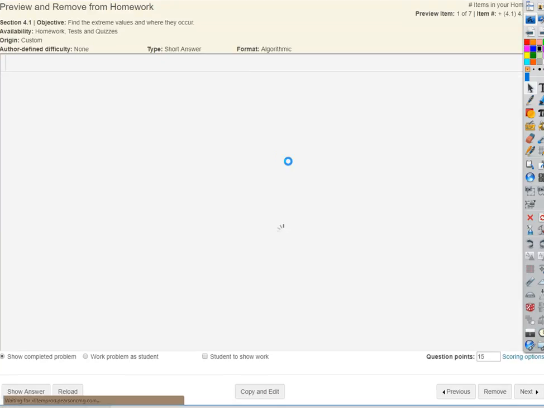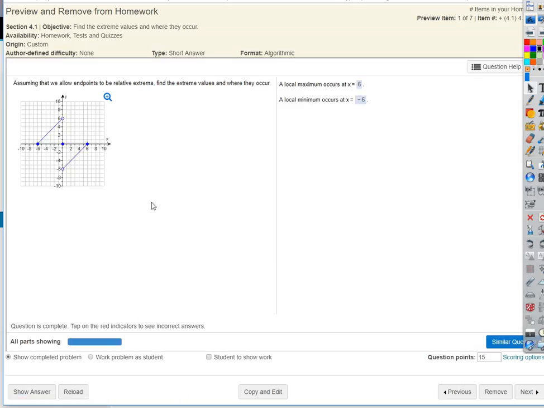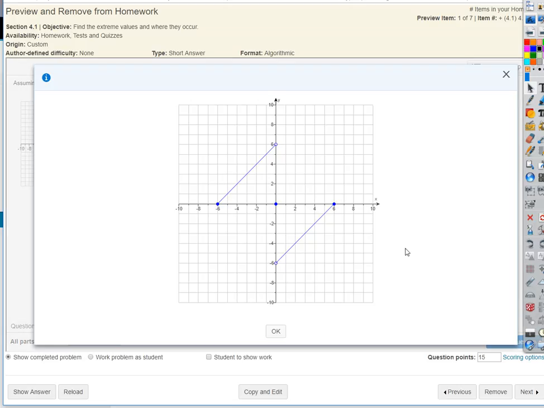Okay, so here's the assignment then. Do these make sense here? Let's take a quick look at these. So assuming that we allow endpoints to be relative extrema, here's our function. Where are the relative extrema on this function? Everybody pause, just take a look up here, please. This is going to be just like one you're going to do. So what do you think? Yes, sir. -6 and 6.